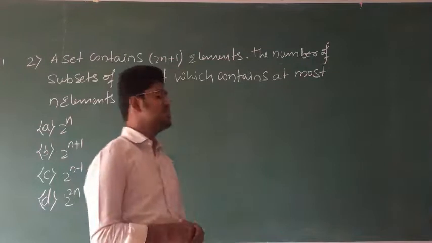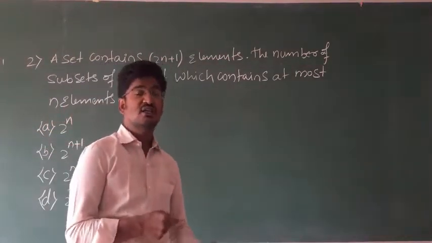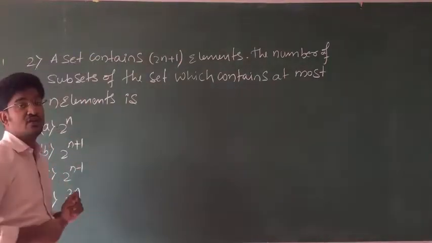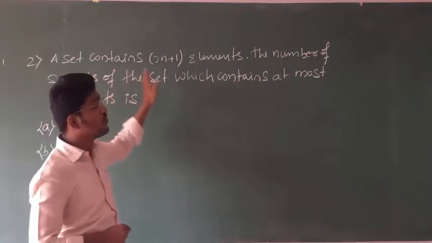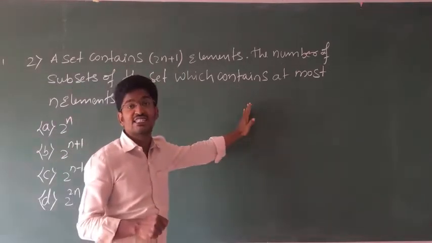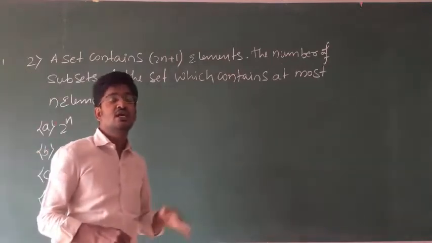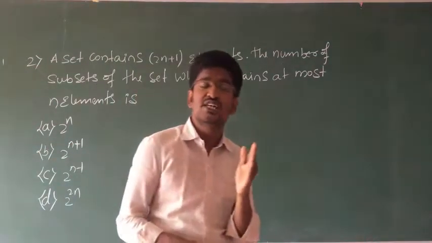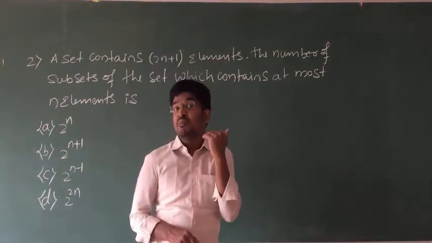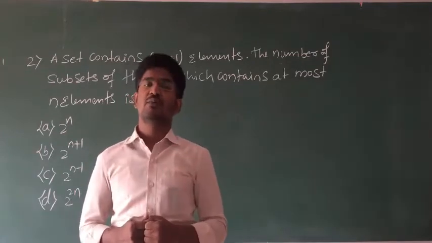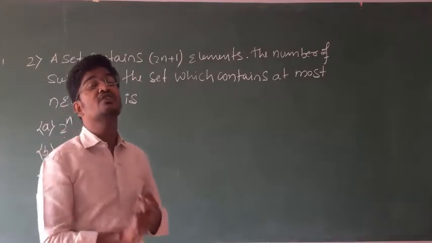But my dear students, option B is not your answer, because let us continue with what he is asking. He is asking for the subsets of the set which contain at most n elements. 2 to the power of 2n plus 1 gives you the total number of subsets.